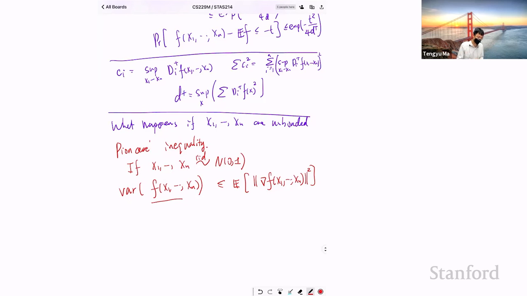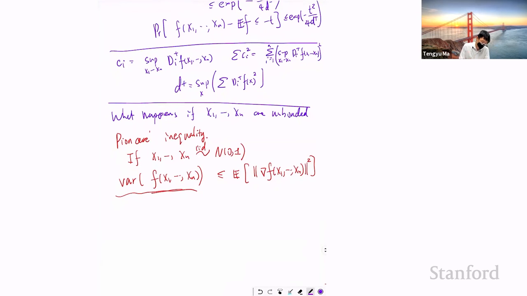But the limitation here is that on the left-hand side you only control the variance, you didn't control the tail explicitly. If you want to turn the variance into a tail bound, you have to use Chebyshev, and you get a 1/t² bound. You can also deal with other Gaussian random variables. It doesn't have to be mean 0 and variance 1. That's easy.